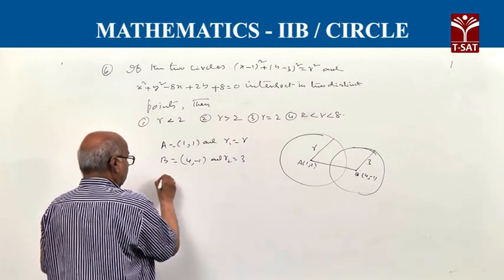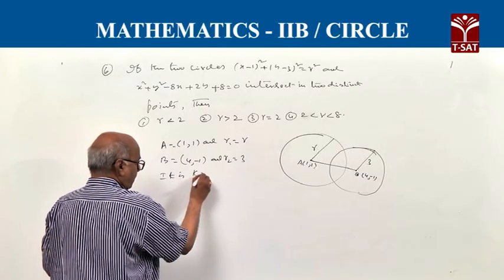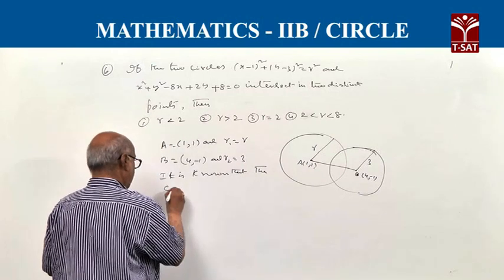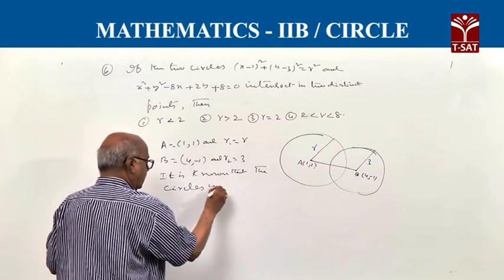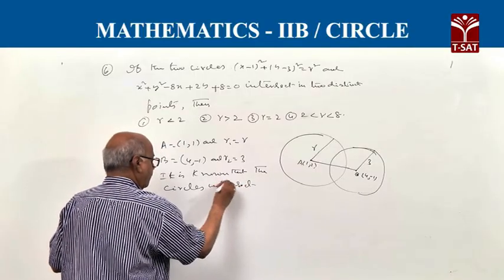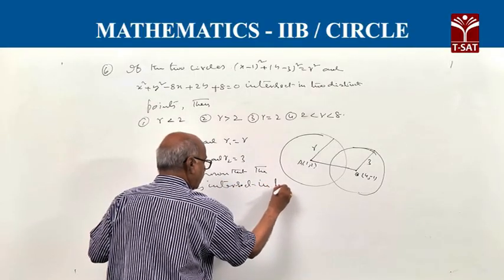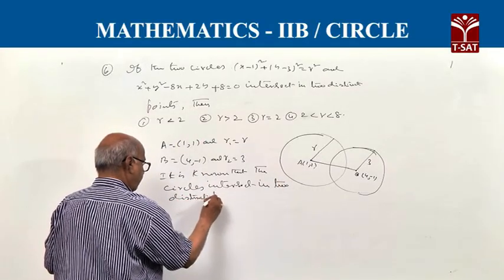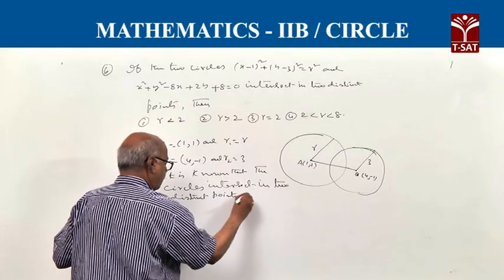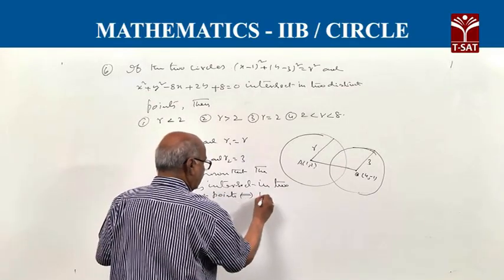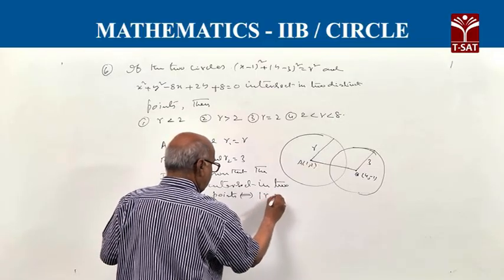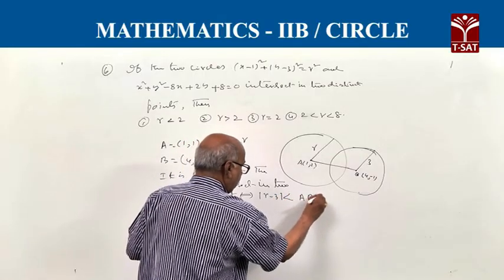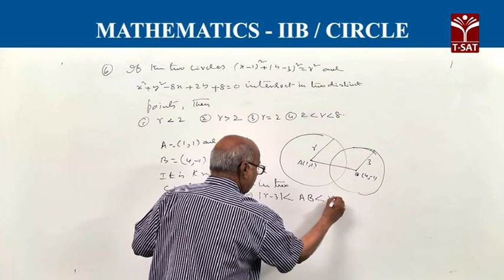Now it is known that the circles intersect in two distinct points if and only if modulus of r minus 3 is less than AB and AB is less than r plus 3.